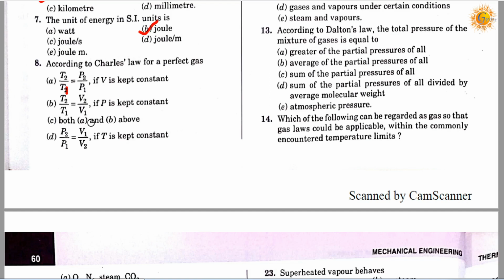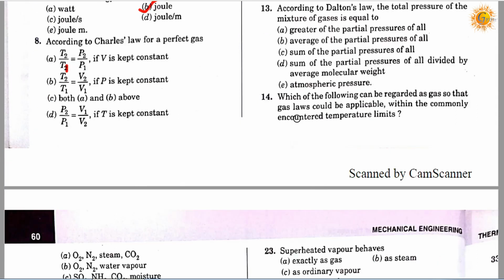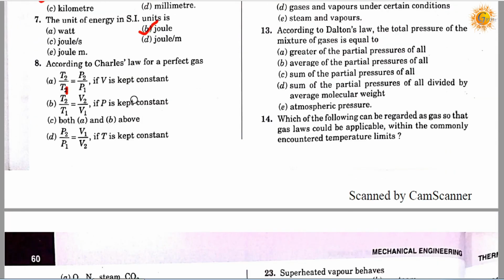Option C is both A and B above, and option D is P2 divided by P1 is equal to V2 divided by V1 if T is kept constant. Option E is PV divided by T is equal to constant. So the correct answer is B, Charles' law for the perfect gas: T2 divided by T1 is equal to V2 divided by V1 if P is kept constant.